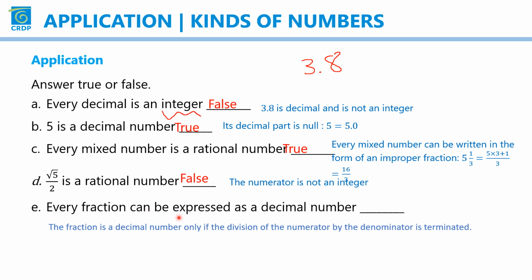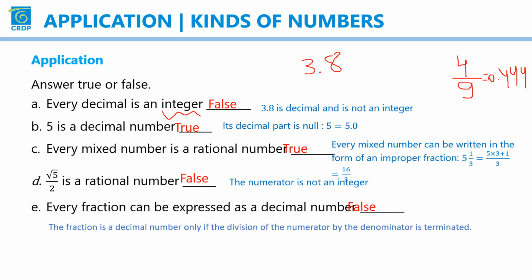Every fraction can be expressed as a decimal number. Is it true? I guess it's not. Why? Take an example, put on your calculator 4 over 9. Is it a decimal number? No, because the answer will be 0.4444444.